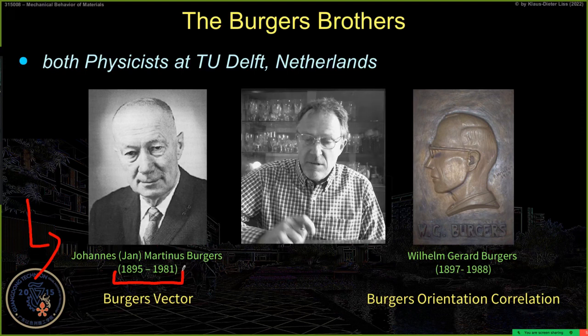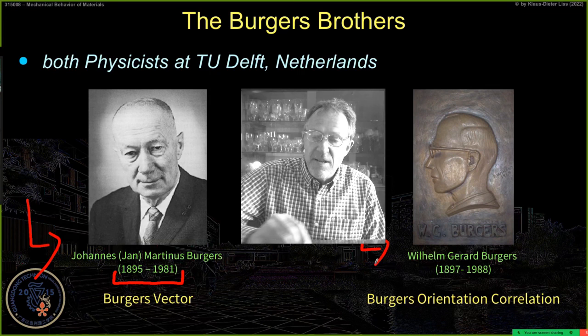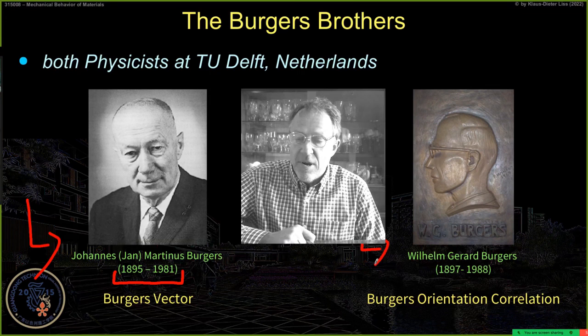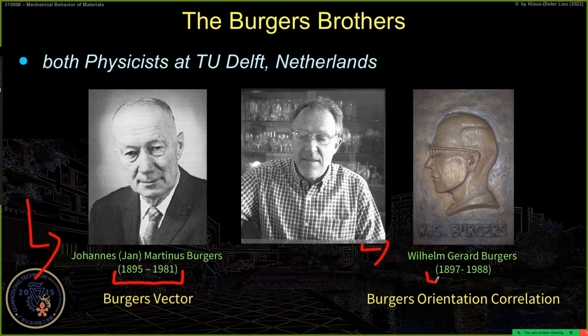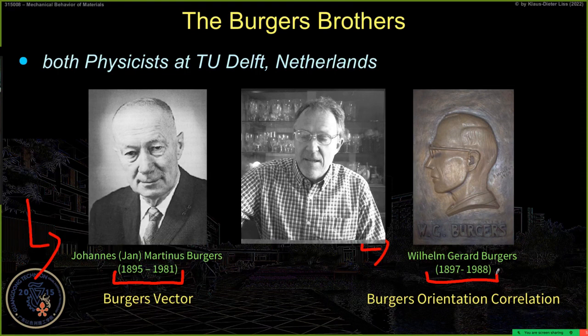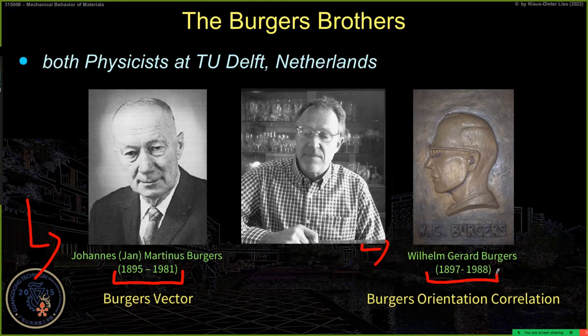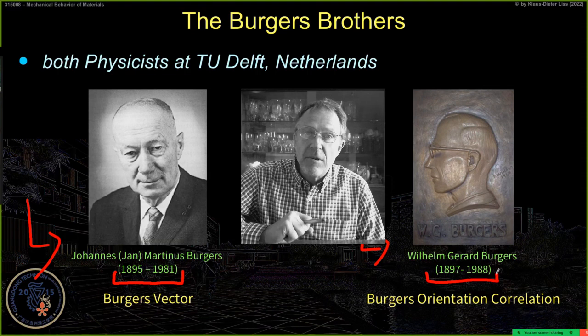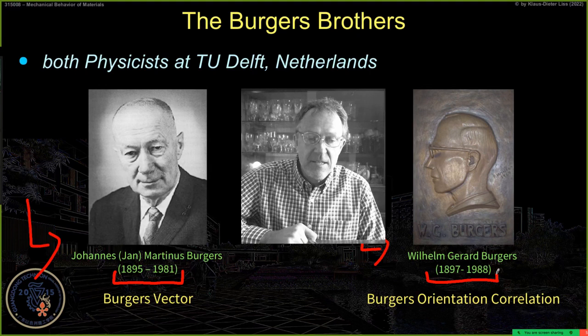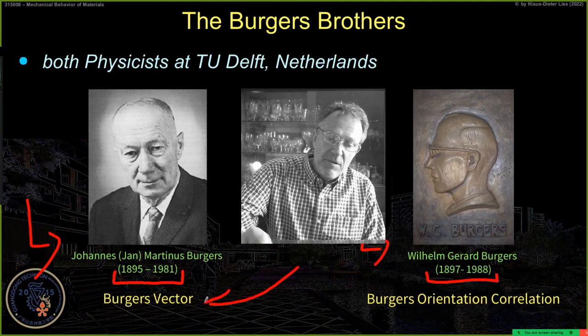But also there was William Gerald Burgers from 1897 to 1988. And they're both important for material science because now we know the Burgers vector.